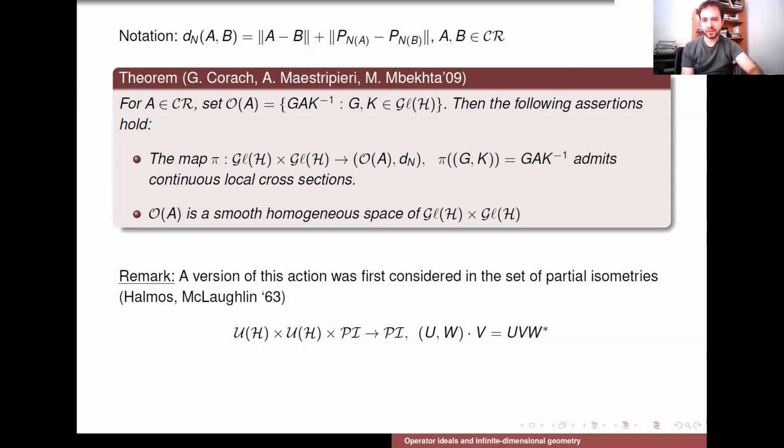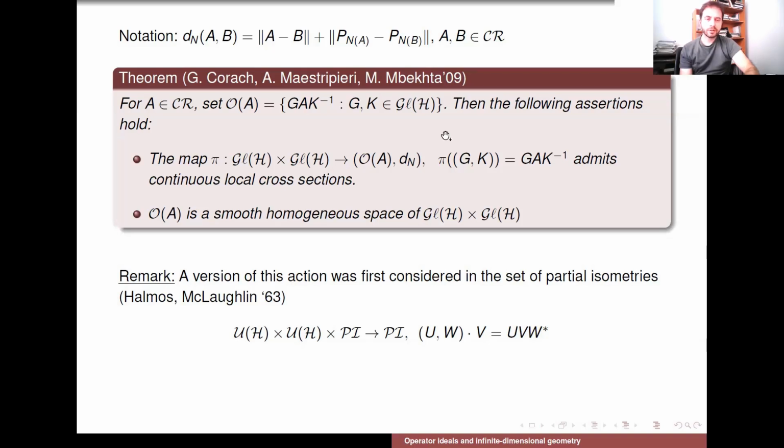So the result is as follows. They consider these orbits, which are versions of our orbits, but instead of having here the restricted invertible group, this is the full invertible group.